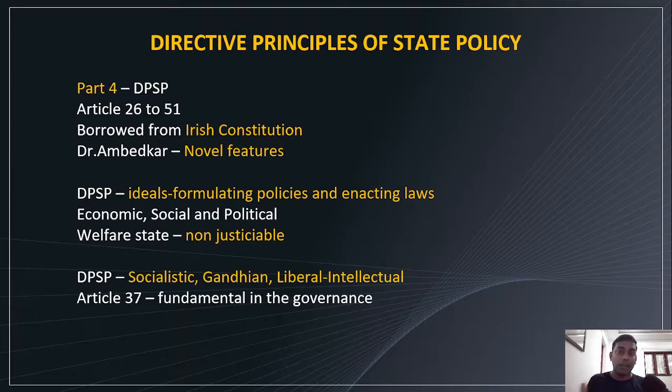But ordinary rights are not mentioned in the Constitution. They are made by a statute, right? So Article 37 provides that DPSP is fundamental in the governance of our country. That is very important. These should be taken care of by the state at the time of formulating policies and enacting laws. Hope you understood these points, right?